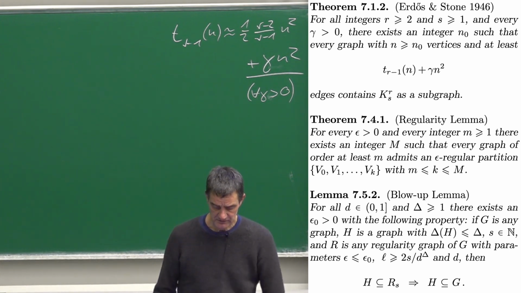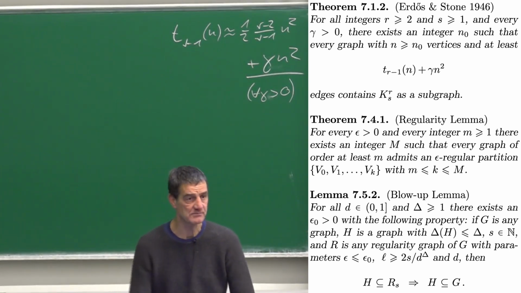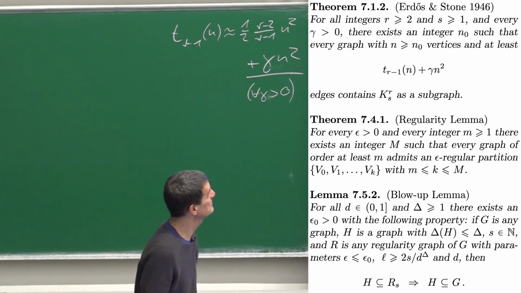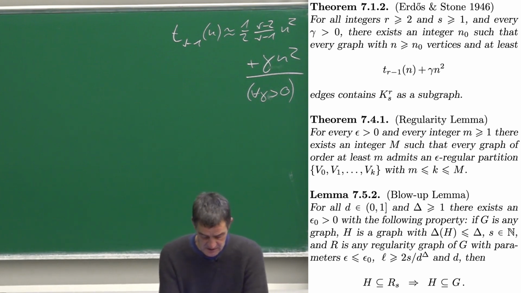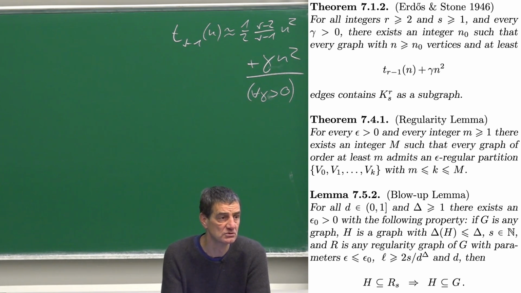Okay, so how should we choose our little d? In order to apply this blow-up lemma, we're allowed to choose d, the density. Should we choose that big or small? Should we go for high density or for low density?